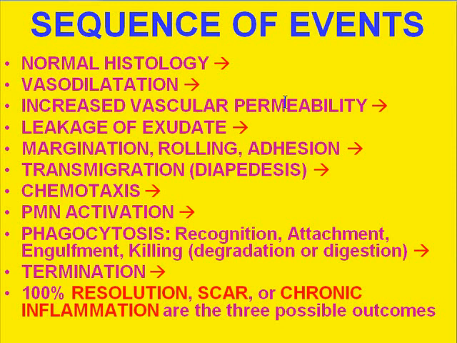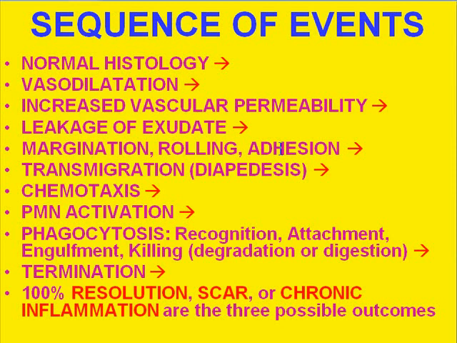Then we have leakage of exudate, which is the fluid in plasma, except for the cells, into the intercellular spaces. Then we have margination, rolling, and adhesion of neutrophils in that order.